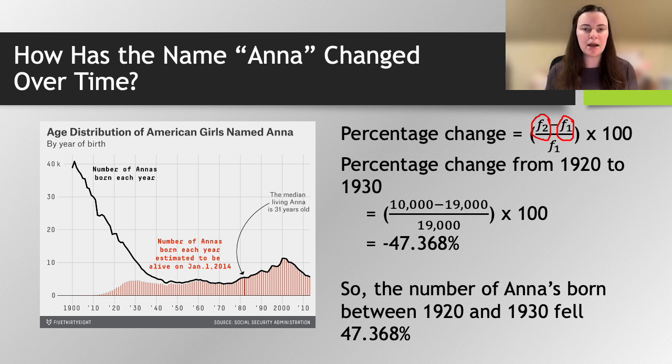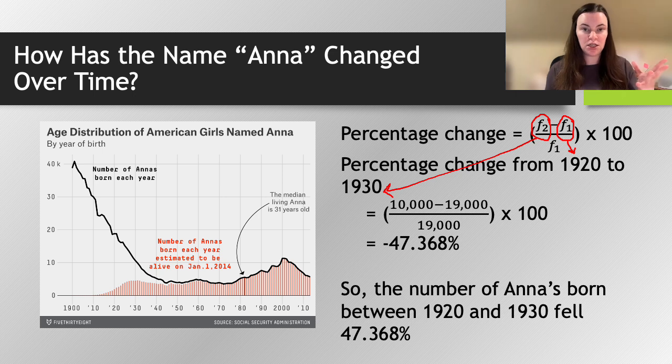So let's say that I was interested in understanding the percentage change in the name Anna between the years 1920 to 1930. Our first time period, or F1 in this case, is the year 1920, and our F2, or our second frequency, is going to be from our second time period, which is 1930.